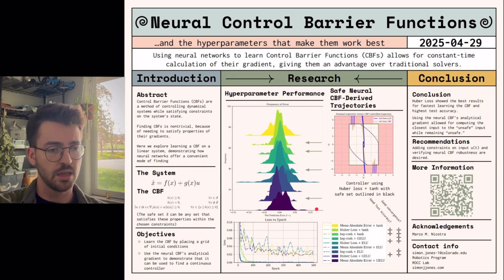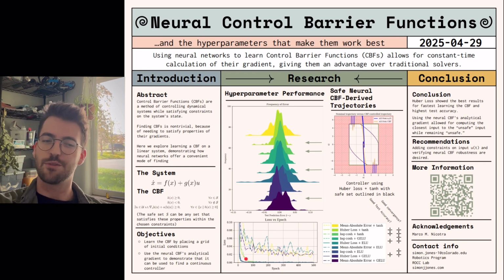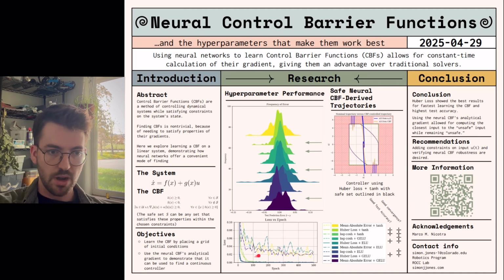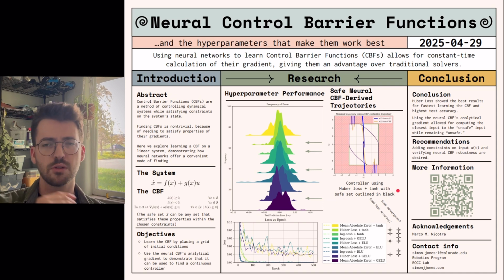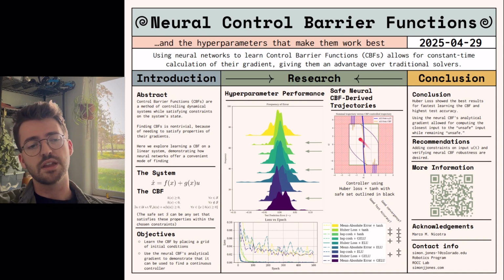When training, you can see that when we plot the loss versus epoch, it converges to 0 within the first few hundred epochs, which you would think means it's overfitting, but it's not. So obviously we're seeing really good results with Huber loss when learning these control barrier functions. When I plug it back into my solver, which I won't go into because it's not relevant to this class, you can see that it drives the trajectory.